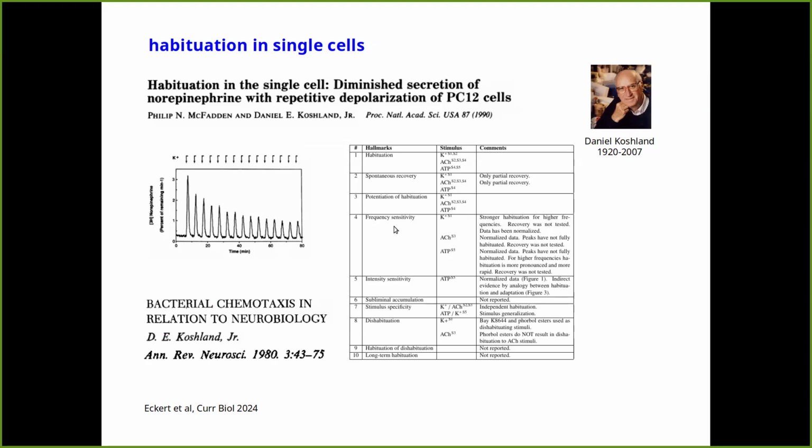And we see the same hallmarks in the single cell. So if the universality of habituation across animals is amazing enough, it's even more amazing when you find that these same hallmarks are taking place for habituation in the individual cell, where there are no neurons, it's all molecules that are doing it.